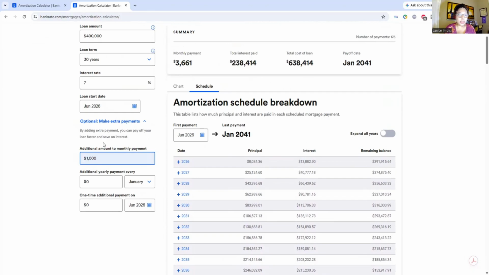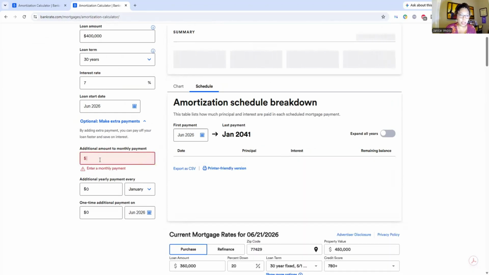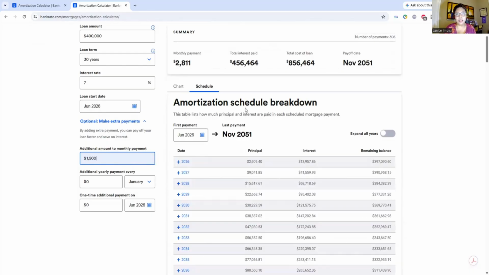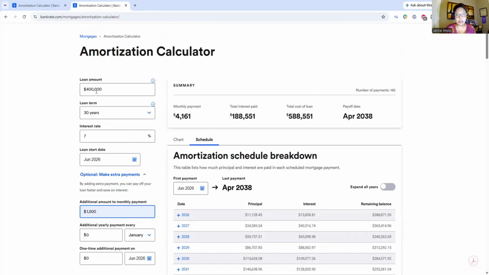So imagine that every time you get some extra money. Let's say, I like playing with this, we're just playing, let's say you did $1,500. Look at this. Interest paid is 188,551. Total cost of the loan is your 400,000 plus this, it's the 588.